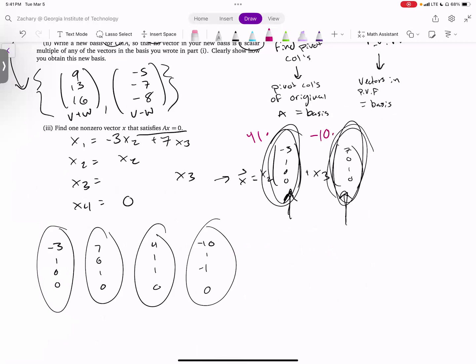How did you get 4110? I just added them together: -3 plus 7 for my first entry, 1 plus 0 for my second, 0 plus 1 for my third, 0 plus 0 for my fourth. Thank you. Yep.